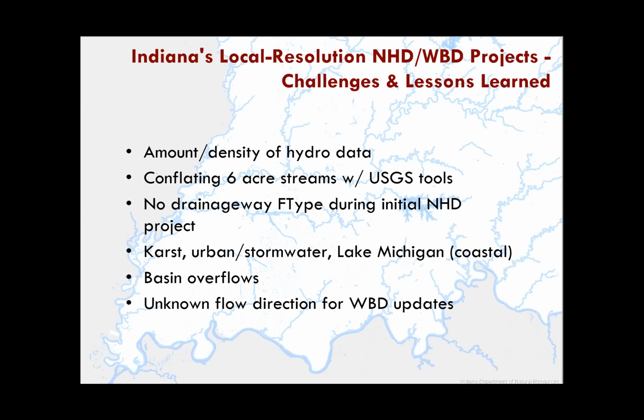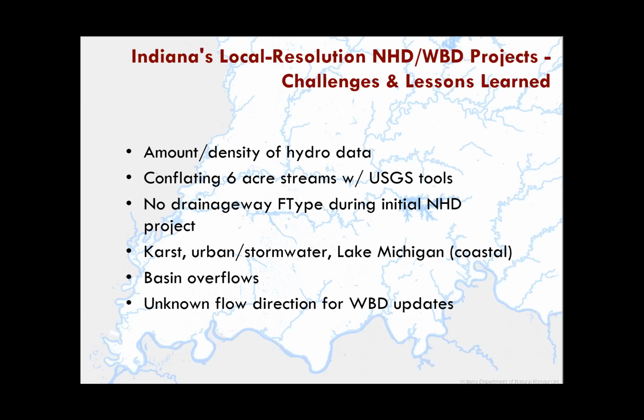And so in NHD, of course, you have one direction of flow. It's got to be one way or the other. So when you have a situation like that, where it could be flowing one way or the other, you kind of have to make a decision and go with it. We wrestled with that with the NHD, and then we wrestled with it again when doing the WBD update up there.